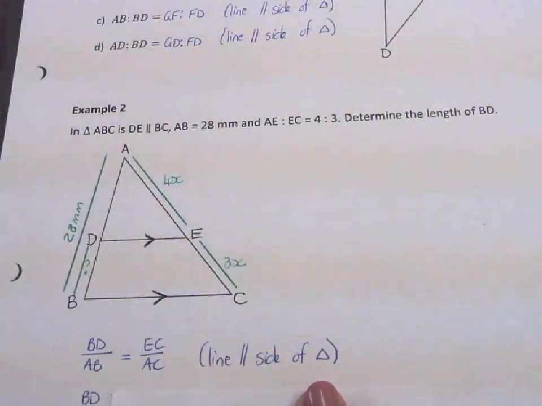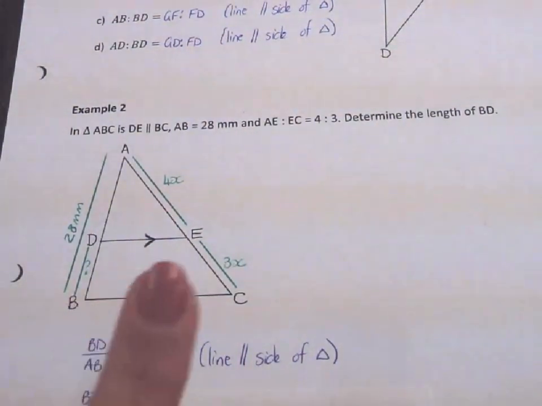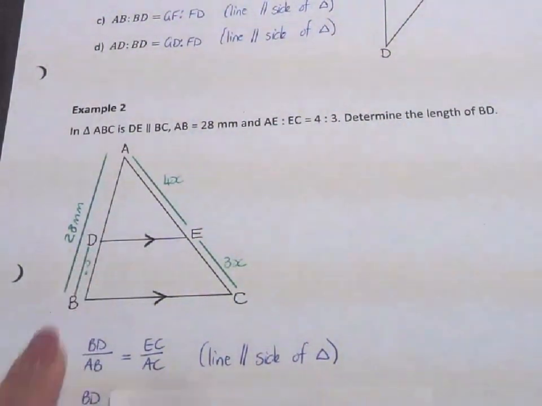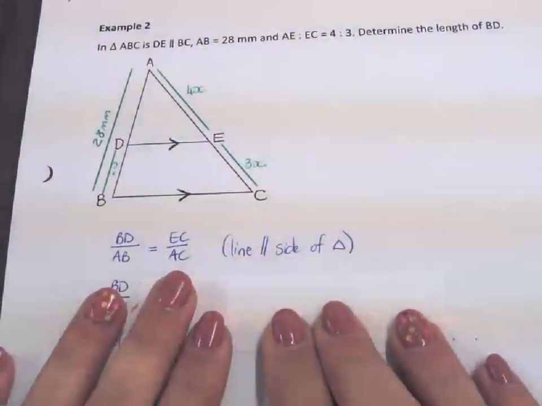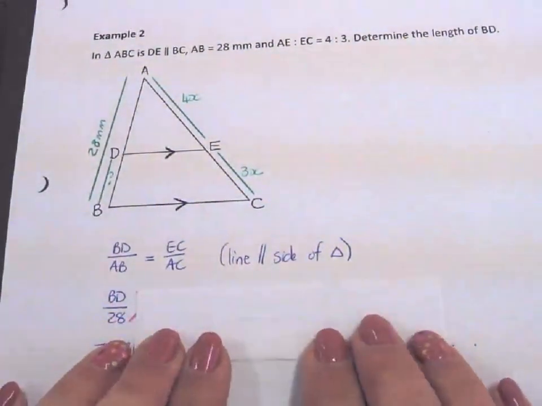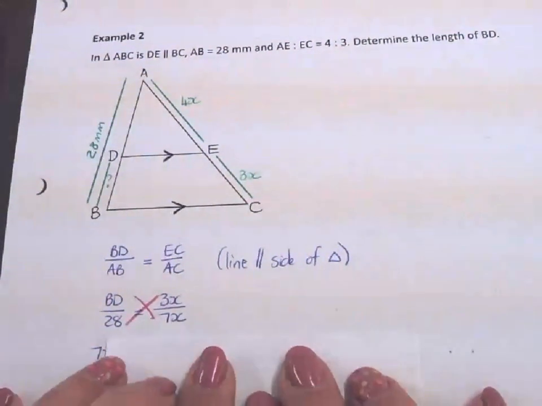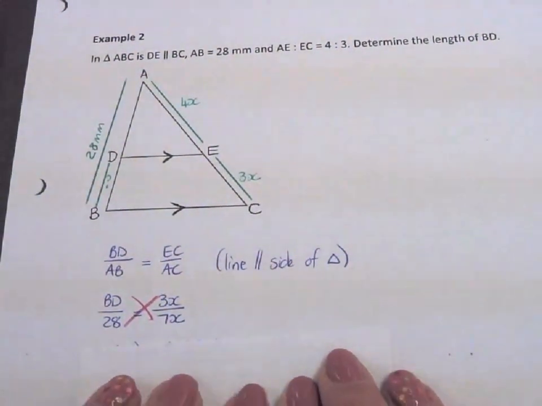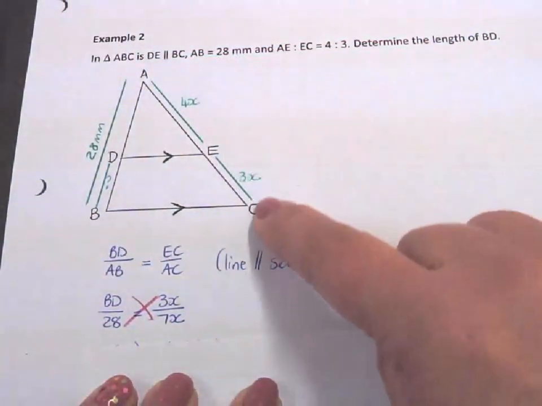You always start with your formula. You don't substitute now in the first step. Okay, in the second step, the following one, you substitute your values. BD doesn't have a value, so we keep it BD over 28 equals 3x over, and AC is 4x plus 3x.